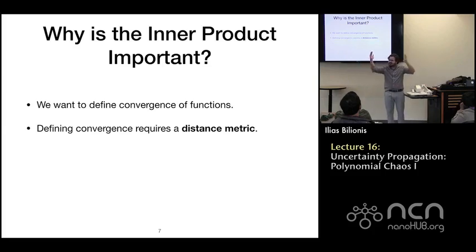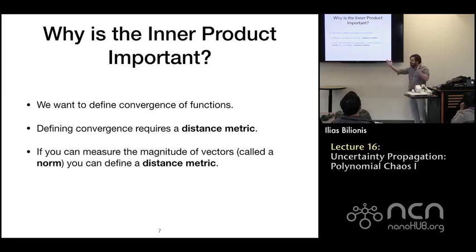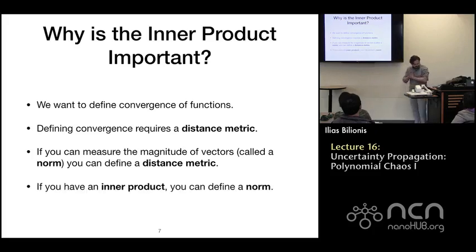A metric is just the distance between two points in the vector space. And how do you get a distance? Well, if you have an inner product, you can define a norm, and I will define it for you in a while. And if you have a norm, you can define a metric. So once you have an inner product, you can define a metric, and you can talk about convergence of sequences of things. Okay?